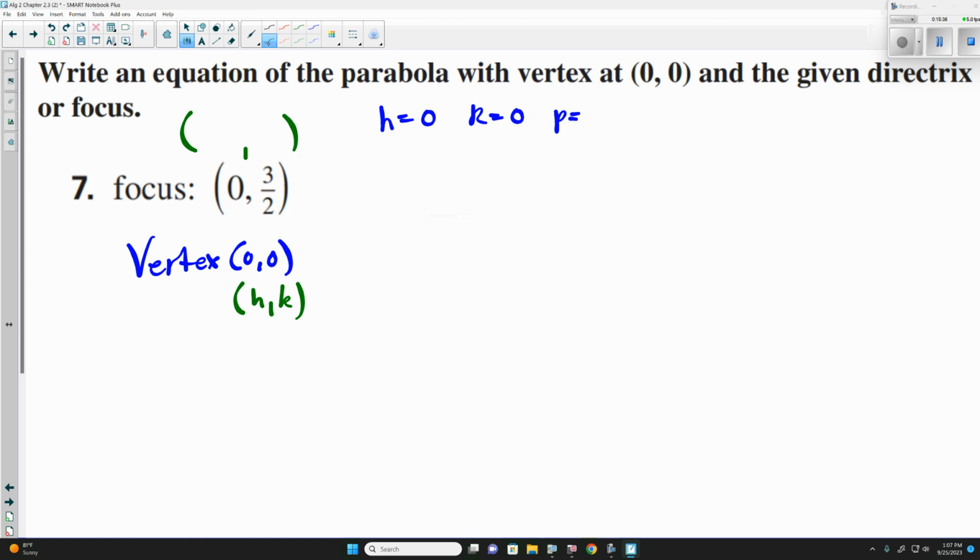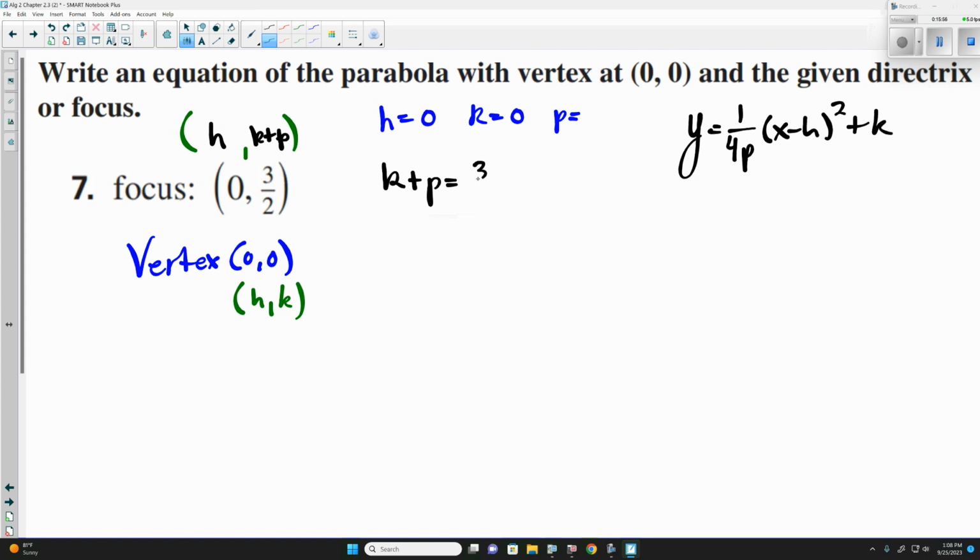It would indeed be y equals. And the general form would be h comma k plus p. So in our case here, k plus p would be 3/2. So 0 plus 3 is 3/2.